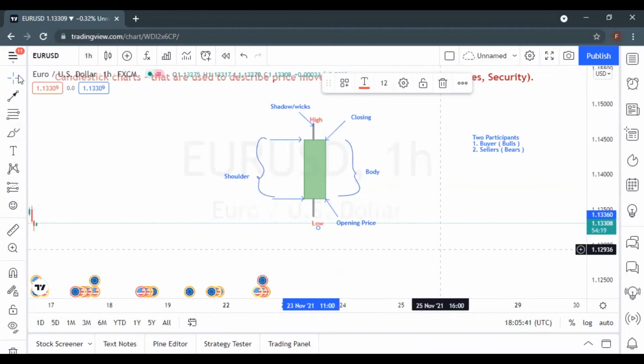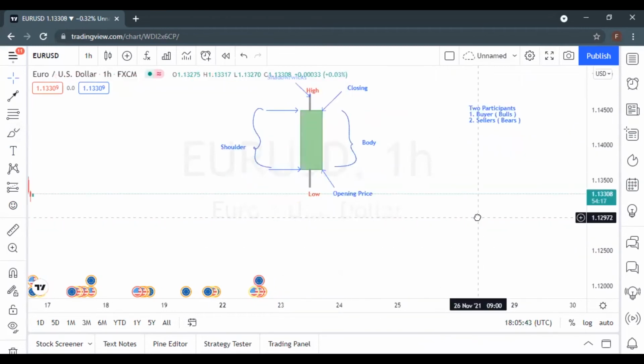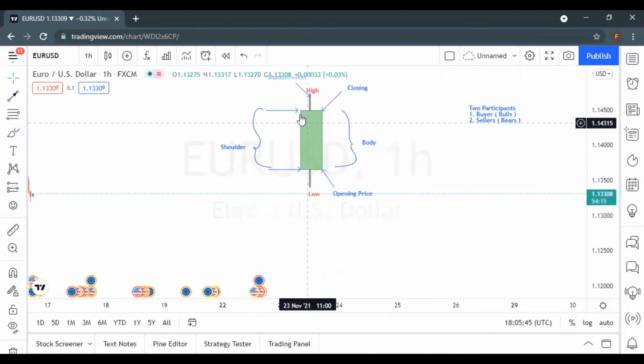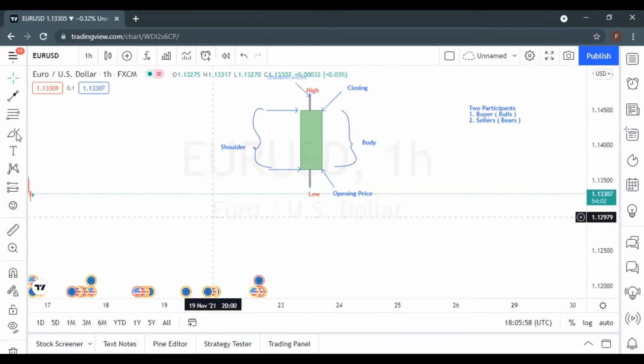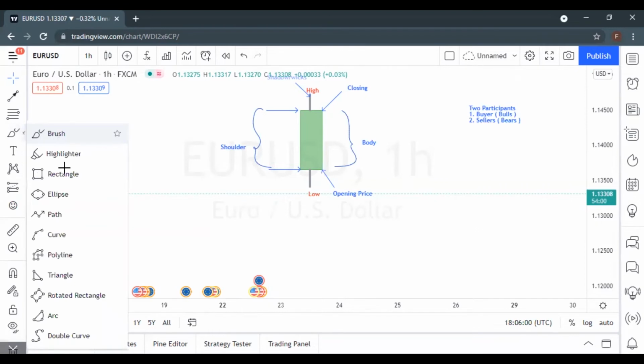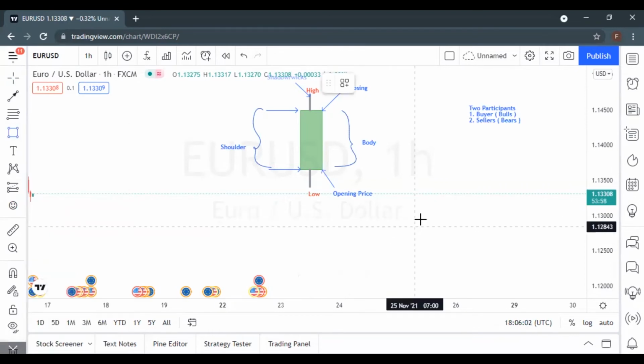If the sellers are now responsible for this candlestick, the opening price is going to be at the top, then the closing price is going to be at the bottom. Then the body remains the same, the shoulders remain the same, the high remains the same, the low remains the same. So this is how it will be formed.